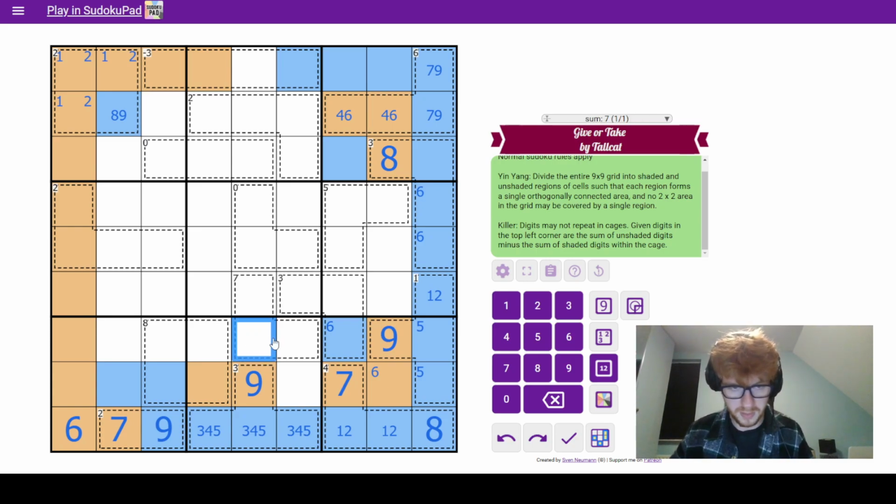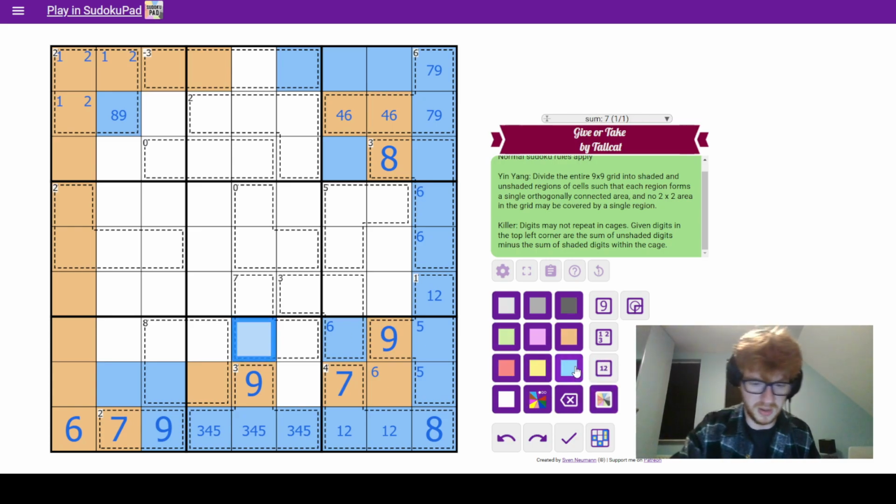So whatever. So let's say blue. You have a blue 7. Oh no, okay. Well, no coloring. You have a blue 7. You add something to it. The difference of that with 7 is the original number. It's basically 7 minus 7 is 0, right? So you can never have a 7 in blue in a 7 cage.